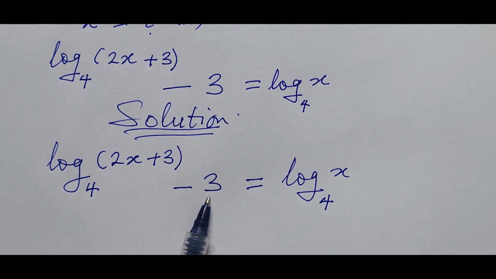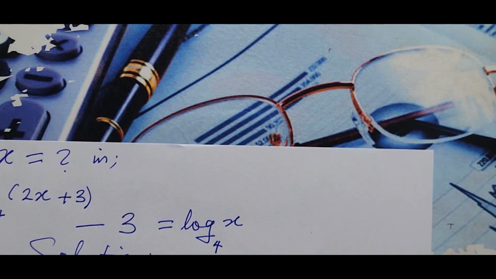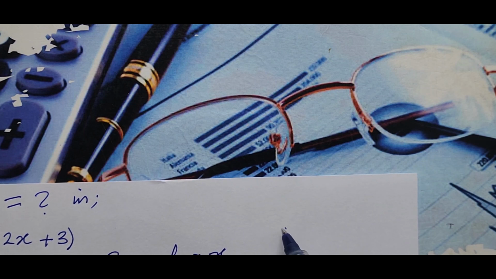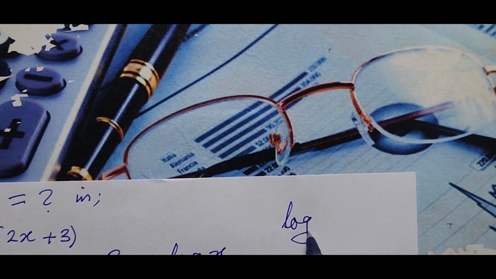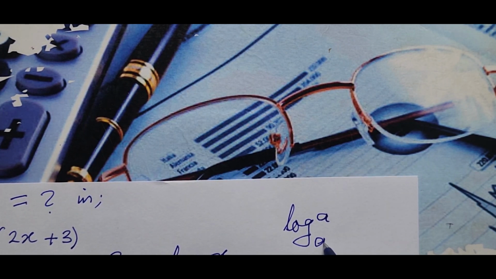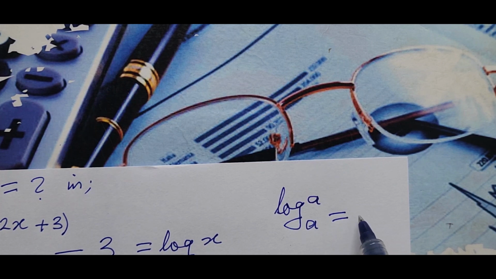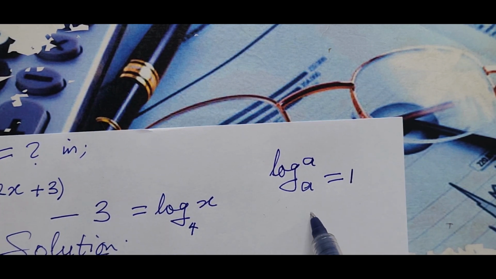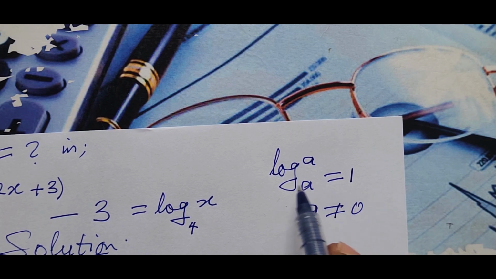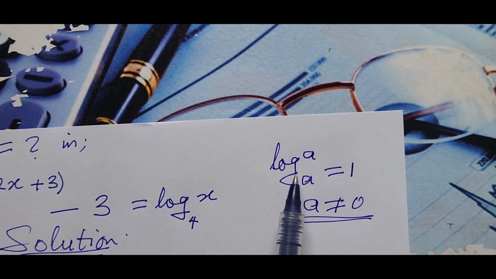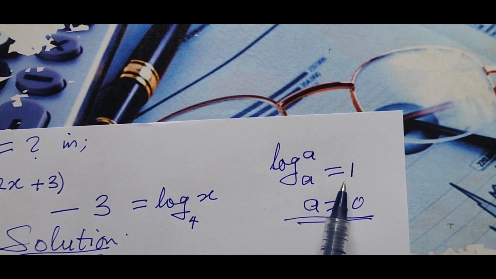So we're going to apply a law in logarithm which says that log a base a is equal to 1, provided that a is not equal to 0. So any log base itself will give us 1.